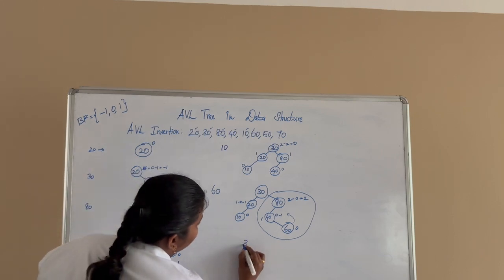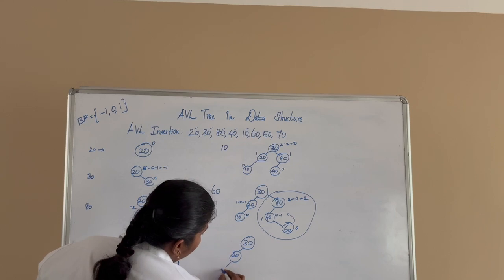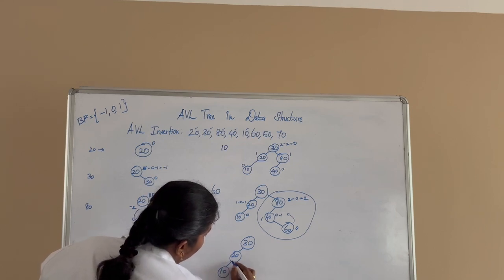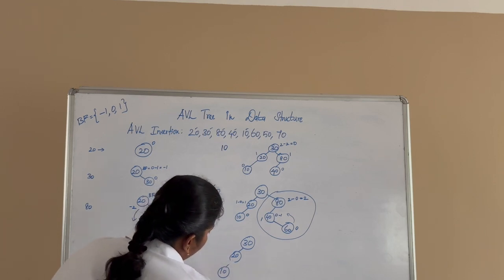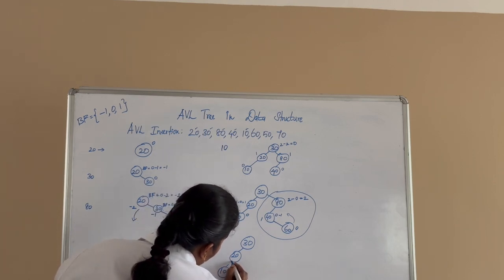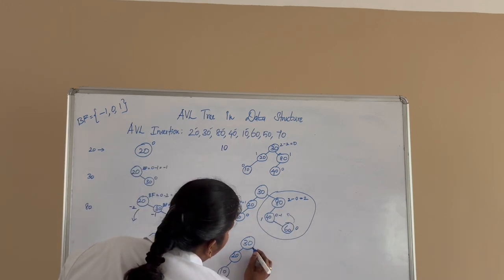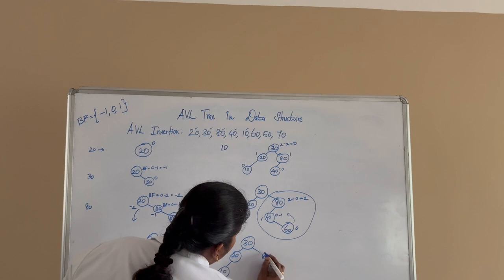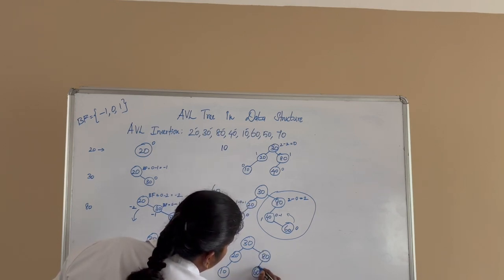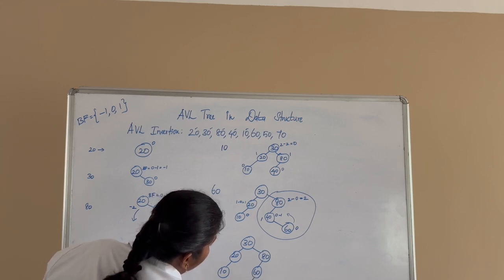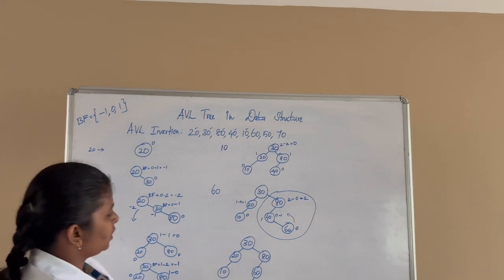So 30, 20, 10 is already available, and after performing the left rotation, the tree comes like 80, 60 and 40.